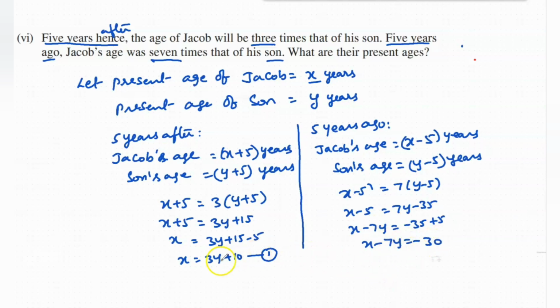Now substitute this x value 3y plus 10 in the place of x. So we get 3y plus 10 minus 7y is equal to minus 30.